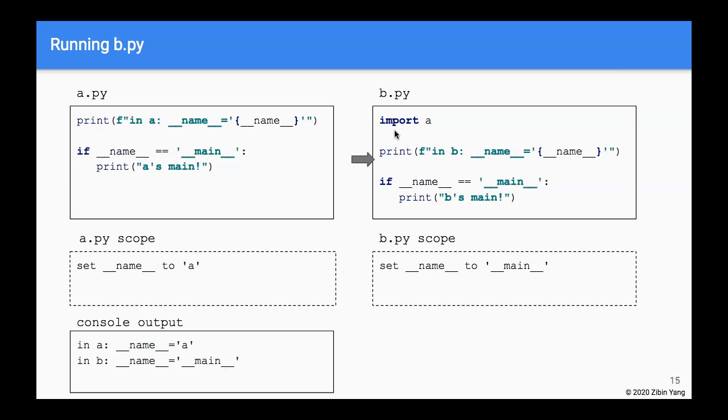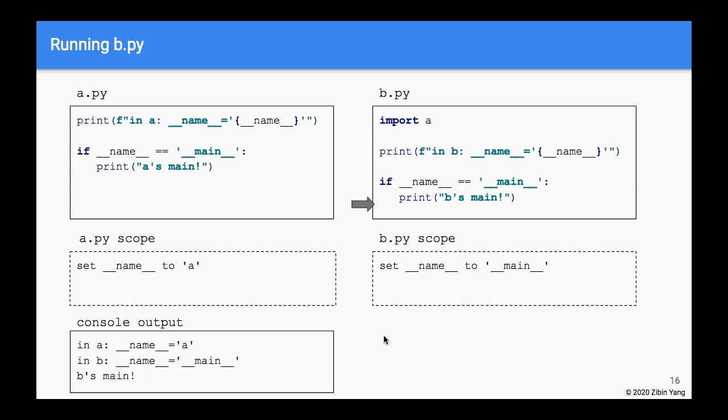Then it goes to the next line and prints what the dunder name in B is. We know that dunder name in B is set to main. Then we check if dunder name equals dunder main. Dunder name in b.py is main, so this condition is true, and it will run B's main.